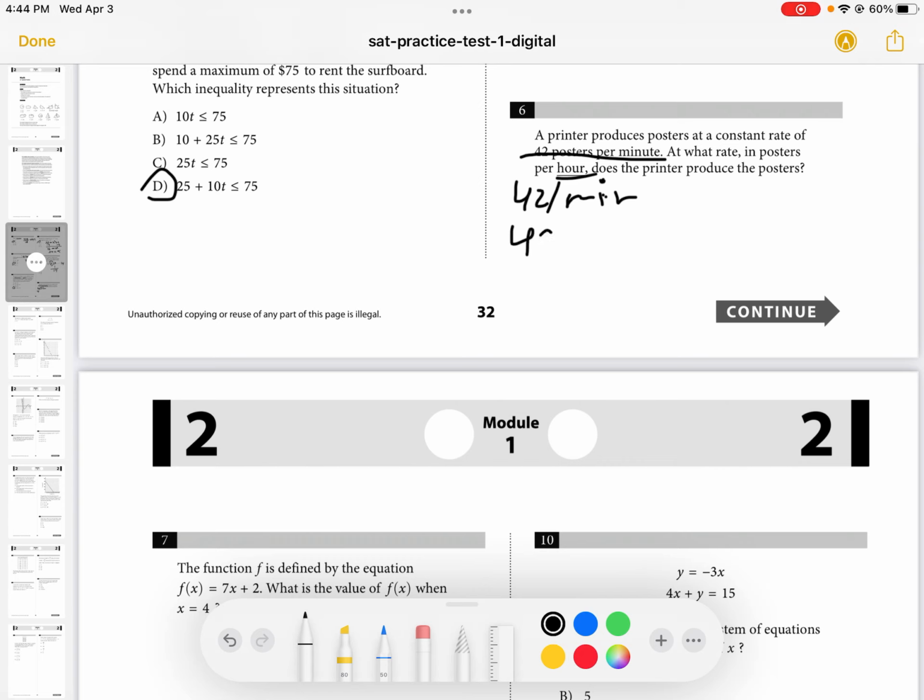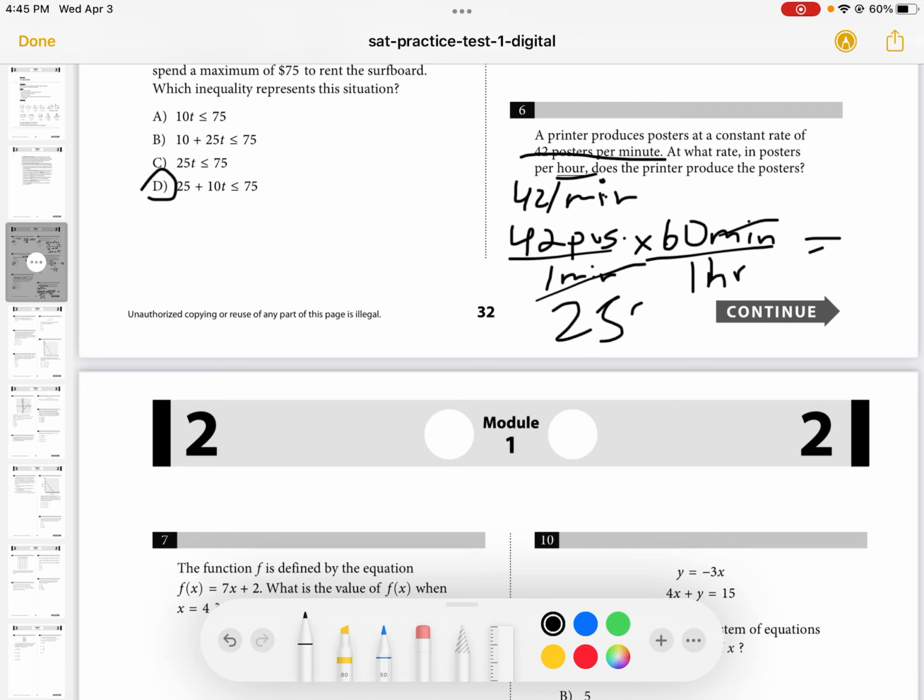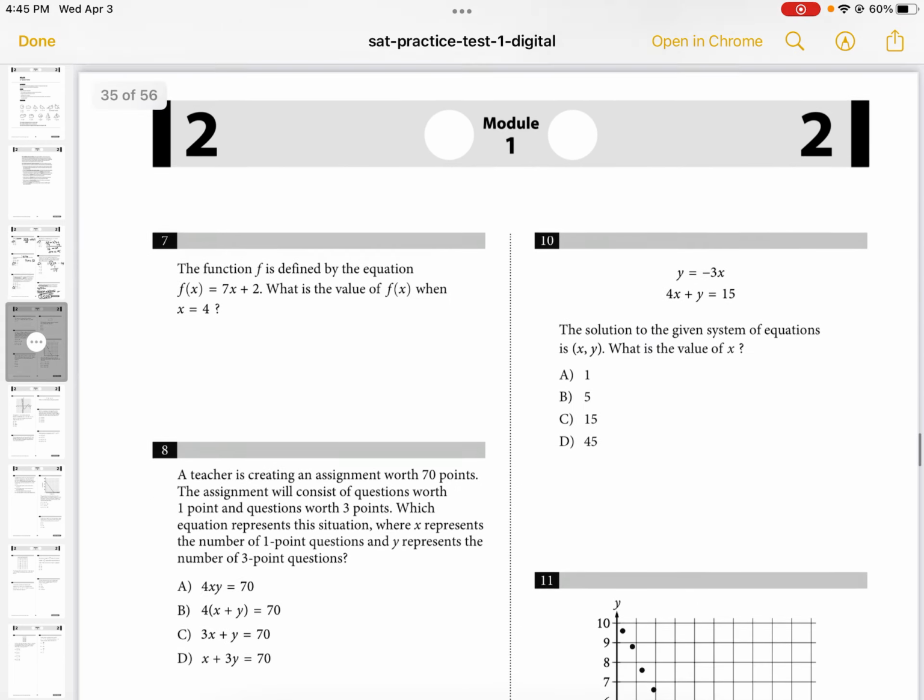So we have 42 posters for 1 minute times 60 minutes in an hour. Alright, the minutes cancel, so that's 42 times 60. What is that? 42 times 60, that's 2,520 posters per hour. Next question.